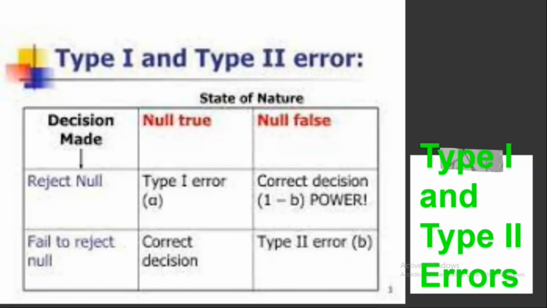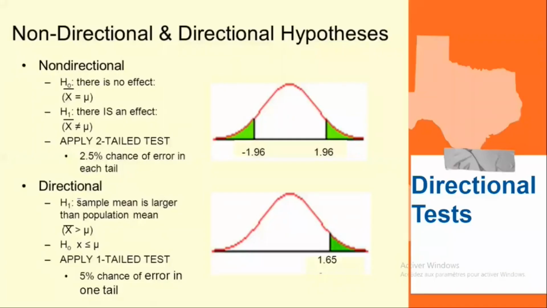Directional tests. When a research study predicts a specific direction for the treatment effect, increase or decrease, it is possible to incorporate the directional prediction into the hypothesis test. The result is called a directional test or a one-tailed test. A directional test includes the directional prediction in the statement of the hypotheses and in the location of the critical region.